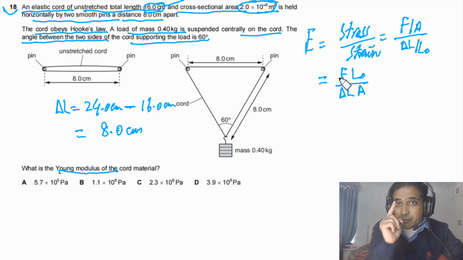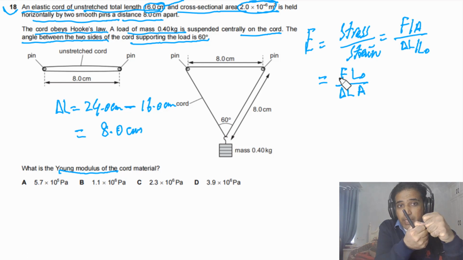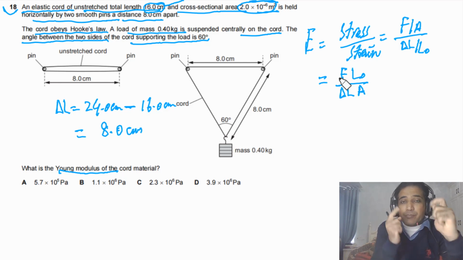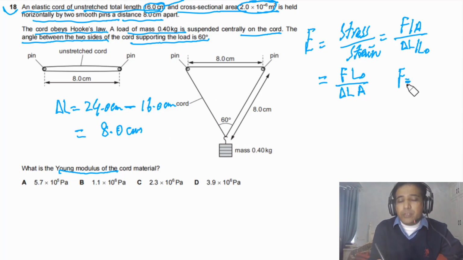But F is a very tricky one. Most of the time students, they simply remember this one as the force, but this is the force acting on the string. This is the tension in the string. So what is F here? Most of the time students get confused with this.